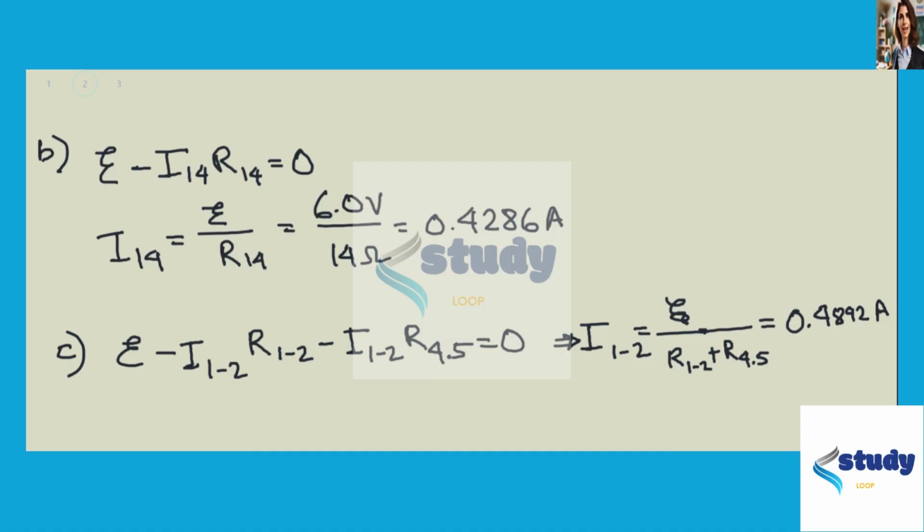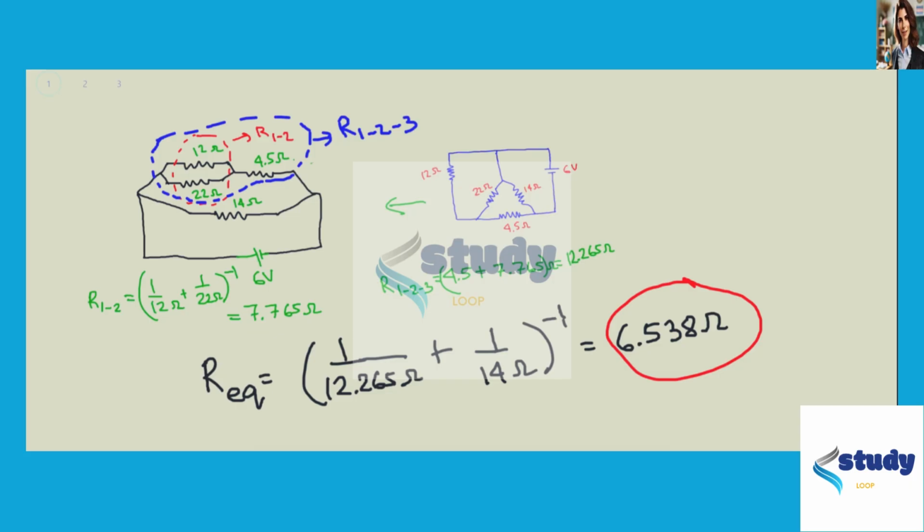If we solve for I14, we get something like this, and here our EMF voltage, psi, is given, so that's how we get our current. So now we know that 0.4286 amps current is going through this part.